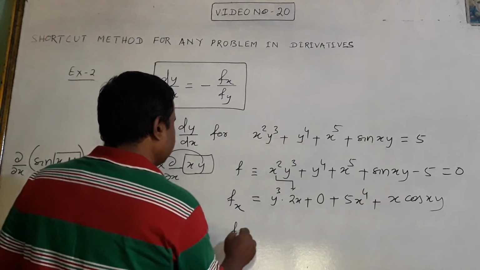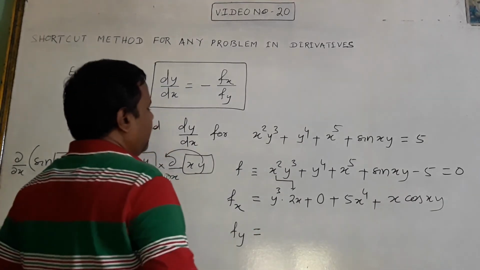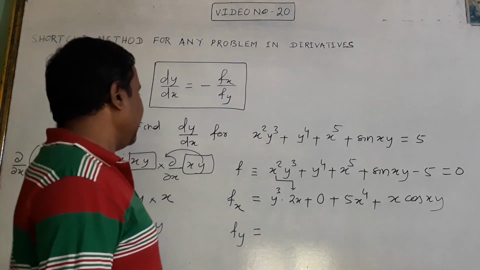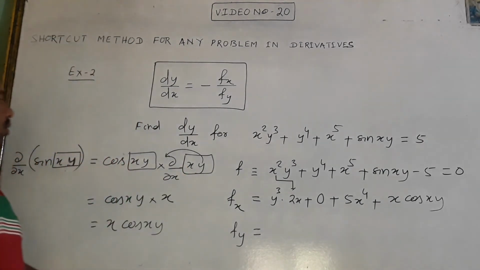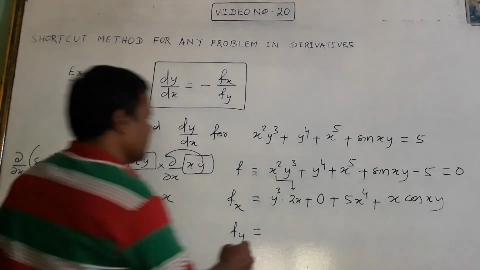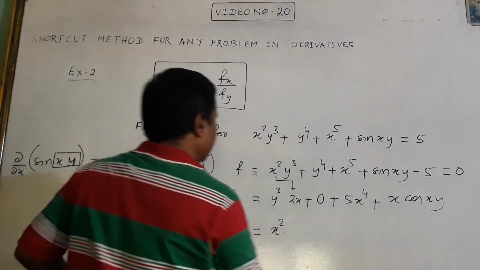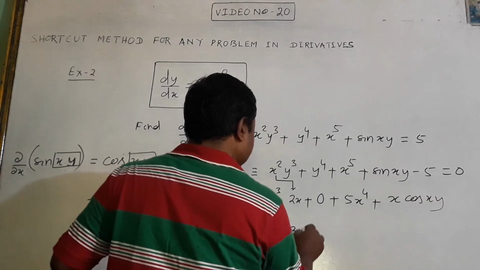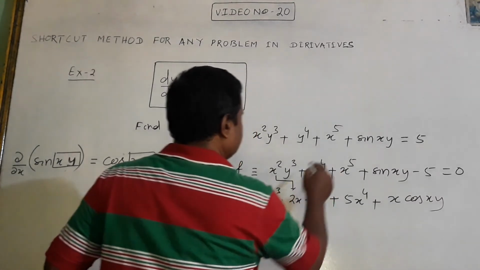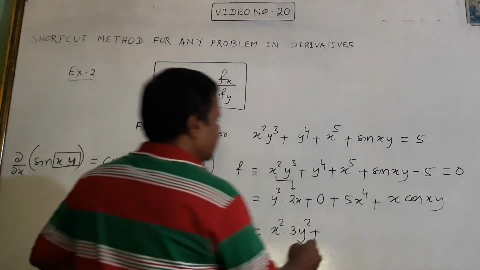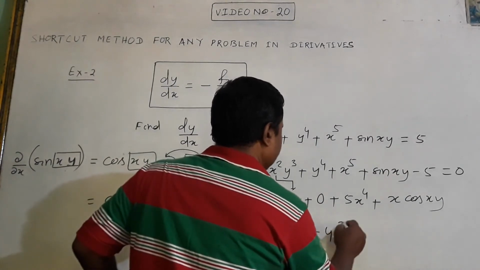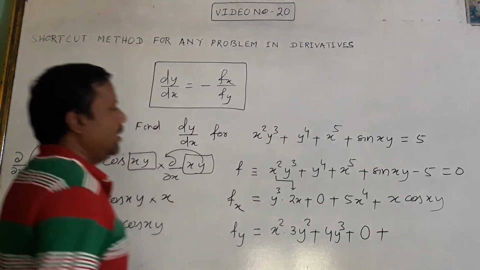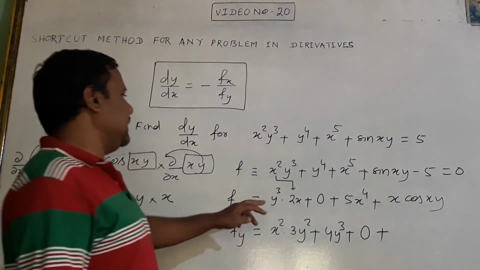What is it with respect to y? If you differentiate with respect to y, mind it, at that point x is constant, so x square will be kept outside. The derivative of y cube is 3y square, plus with respect to y the derivative of y fourth is 4y cube. With respect to x it is 0, plus the derivative of sine xy.